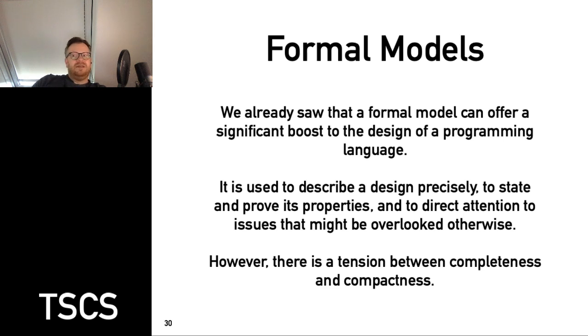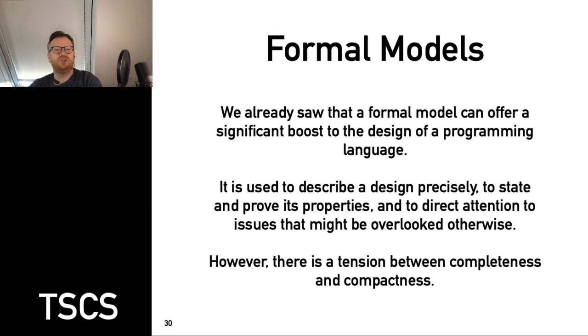Here, from the idea of a formal model, another property comes into place, and that is compactness. In order to have your proofs work really well, you want to have a very compact model. You don't want to have many cases to check in a case distinction. You want like 3 or 4 or so. You don't want like 50 or 60 cases to check.